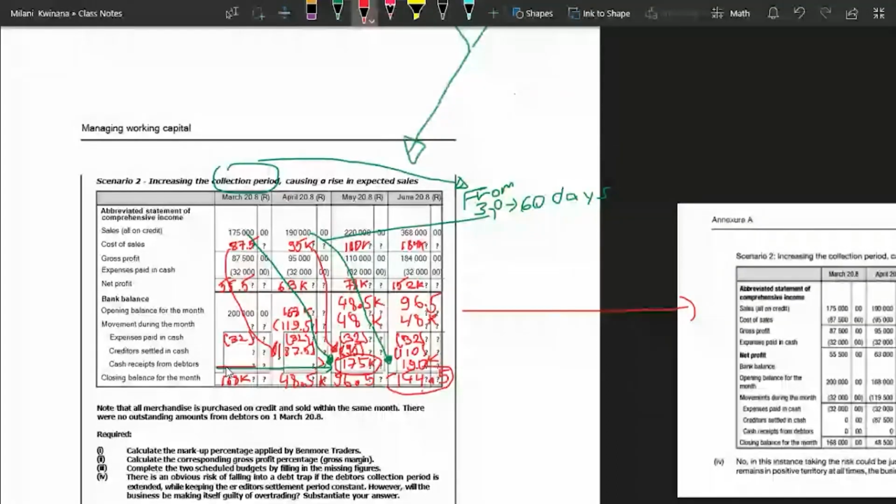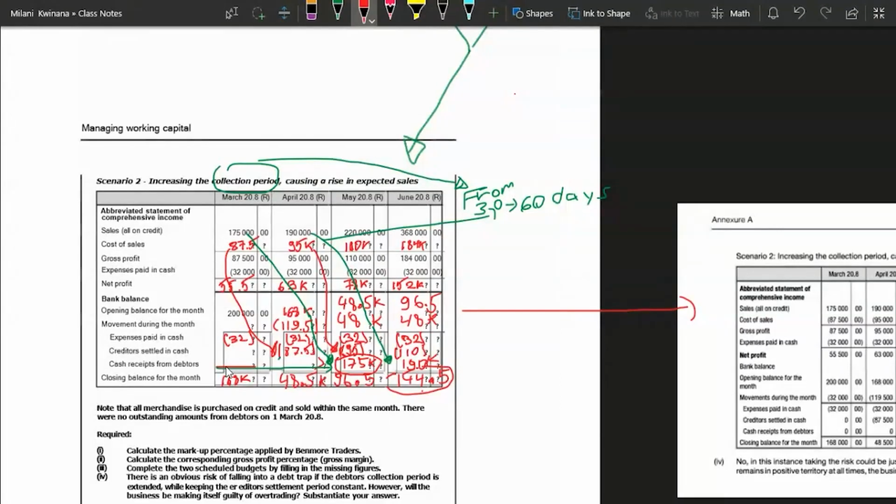Do you and I agree that what was sold, we have an agreement with our debtors that they should pay us within 60 days? Do we agree? Yes, sir. Okay, so I understand the cash receipts from debtors under scenario 2. Yeah, we agree. So it's just taking the sales and putting them under cash receipts from debtors after 60 days.